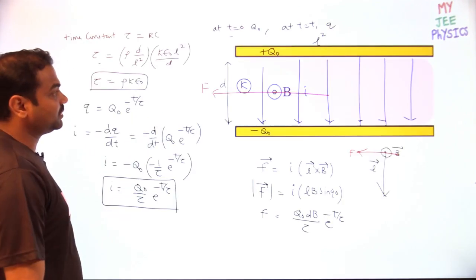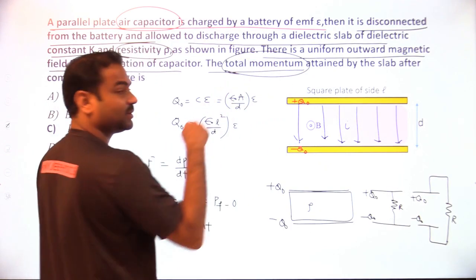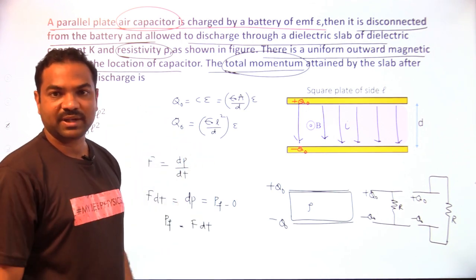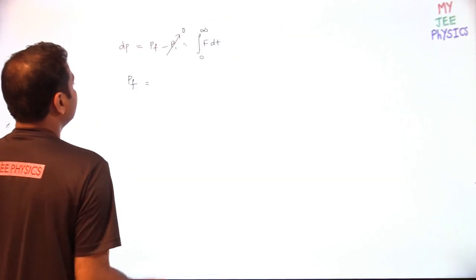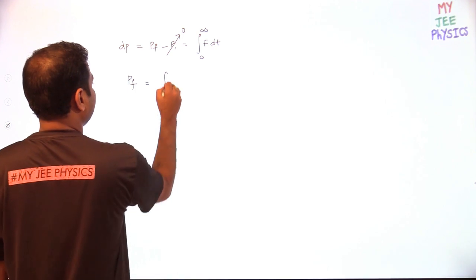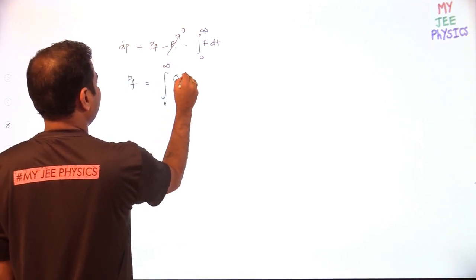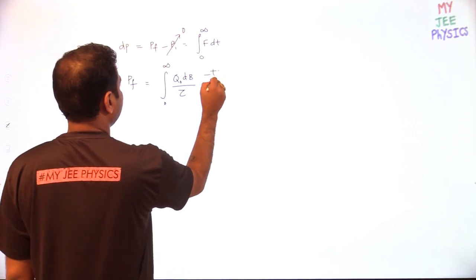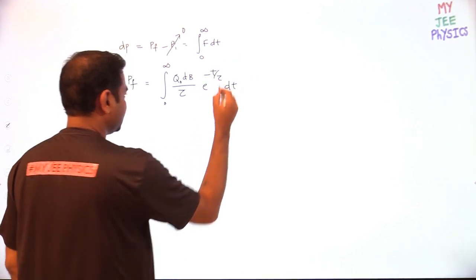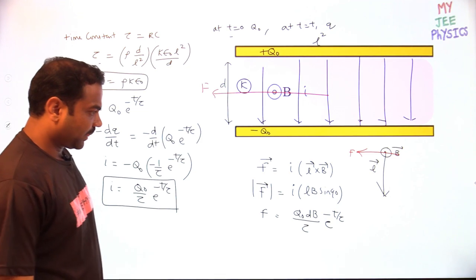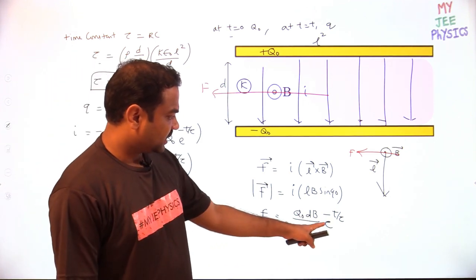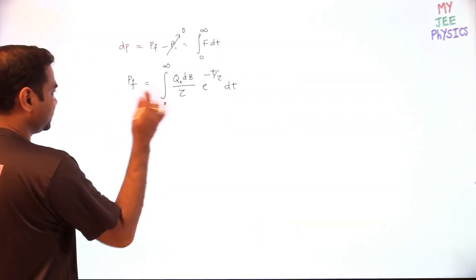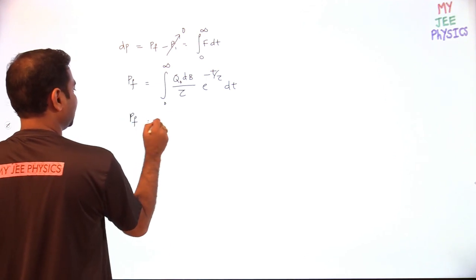That's why they use total momentum in the question. Total momentum means in a time interval, what is the momentum achieved. Okay. So then integral 0 to infinity q naught dB by tau e raised to minus t by tau dt. So if this is correct, my memory is good. Yeah, q naught dB by tau into e raised to minus t by tau. So like this you need to connect with the question.